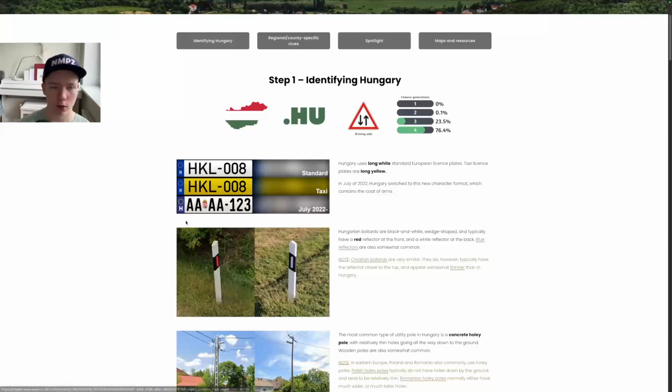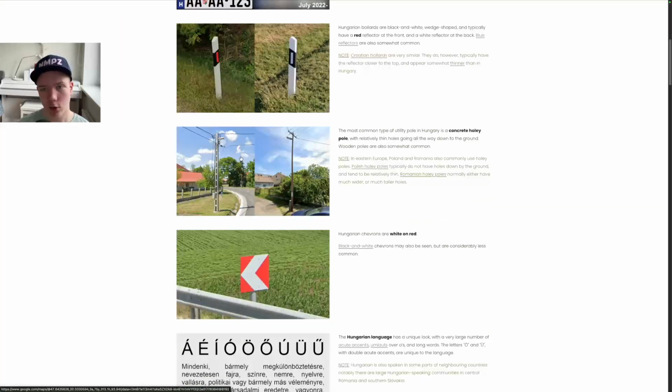Again, general European license plates, sometimes, really rarely, I guess you can see the yellow plates as well. Sometimes you see the holy poles, but I wouldn't say they're too common. Wait, no, we're talking about Hungary. What am I doing? In Hungary, holy poles are really common. Yeah, in Hungary they are really common.